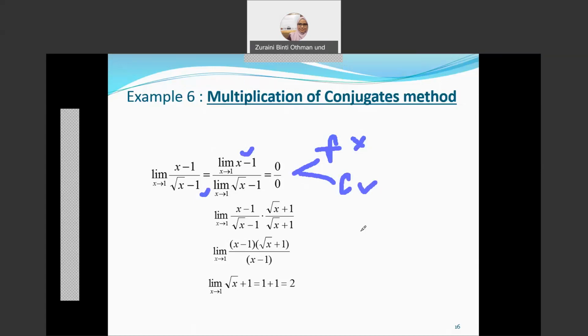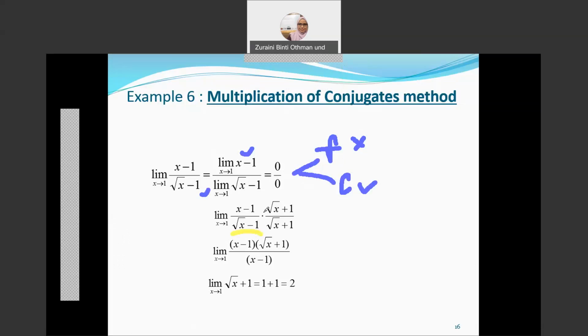Okay, now how to find the conjugate here? What is the conjugate? Conjugate is when you have something yang ada square root dekat bawah, macam ni kan, square root. Kita nampak ada term square root dekat bawah.